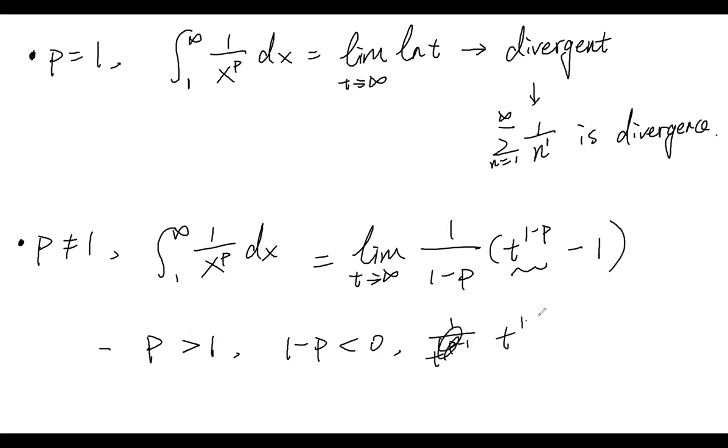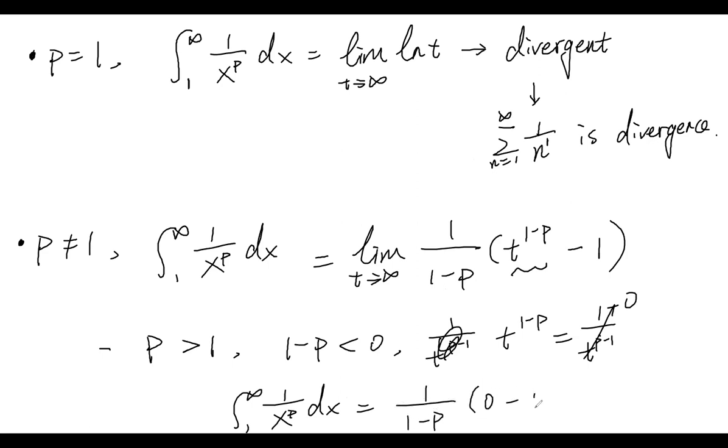So t to the 1 minus p is equal to 1 over t to the p minus 1. If p is greater than 1, then this exponent is greater than 0, and when t goes to infinity, this term just vanishes. So in this case, the improper integral is equal to 1 over 1 minus p times 0 minus 1, which is equal to 1 over p minus 1. So it's convergent.